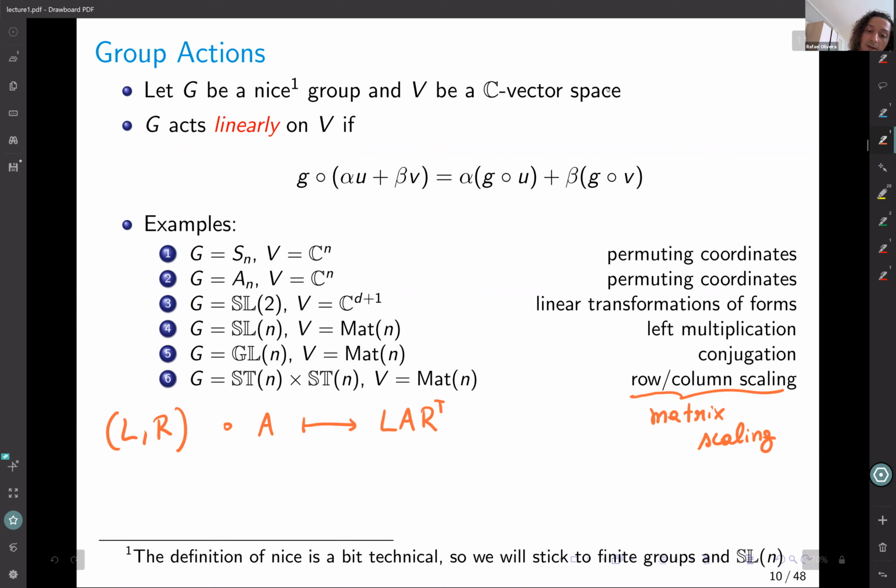Actually, because they're diagonal, I can just say L A R, and this is the regular matrix multiplication. Each of these elements is an element of SLN, so they're diagonal matrices with determinant 1.